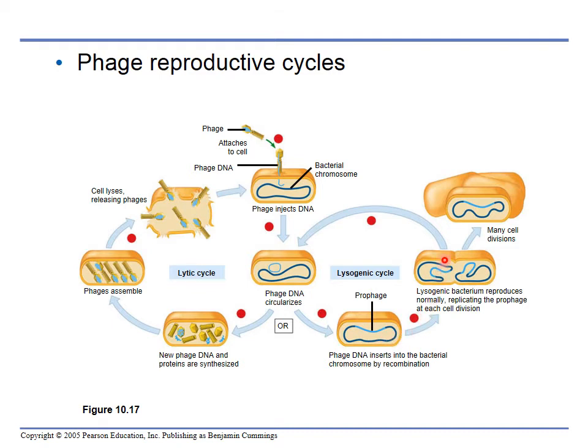And as that cell replicates, that DNA just stays in there generation after generation until some trigger where it can then go into the lytic phase. So very interesting. Two ways, two reproductive life cycles. Both of them we consider reproductive in that DNA is being reproduced.